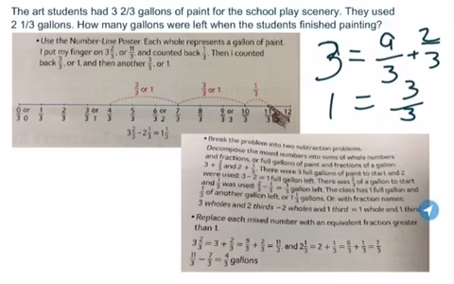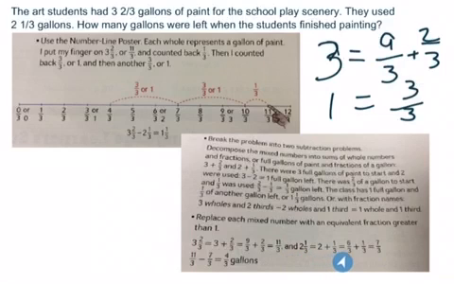So if I'm using it as the unit, I can do it just right here. I could also replace each mixed number with an equivalent fraction greater than 1. So take a look at what's going on down here. I'm converting, which is how I got to 11/3, which is what I showed you up here.